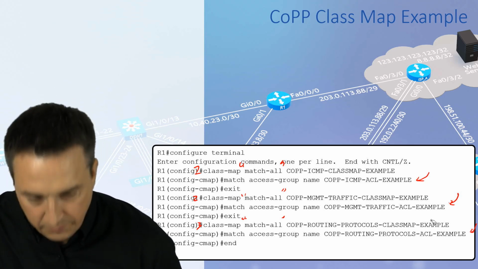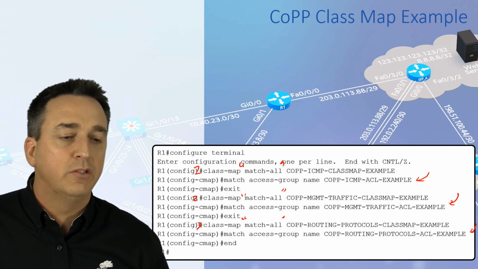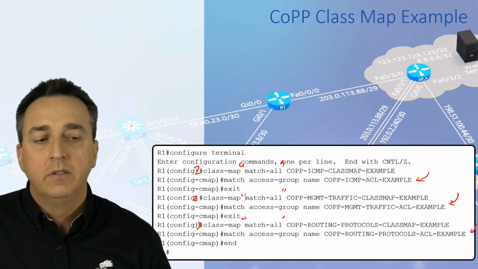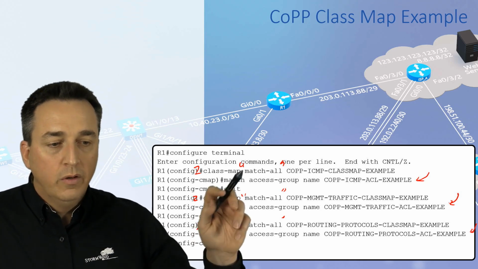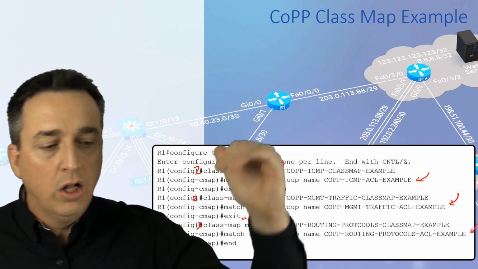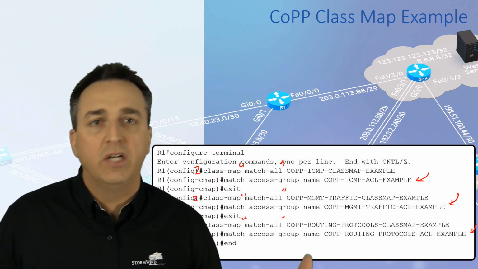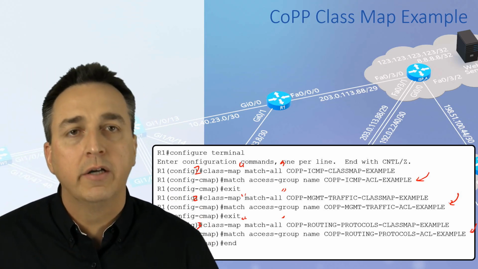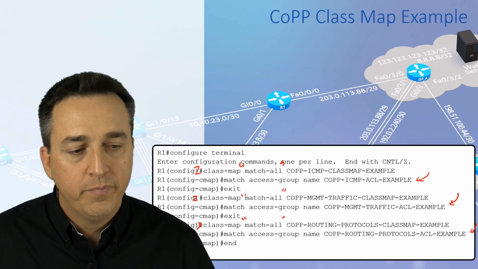Because there is only one item in that class map, and that is the access control list. So match all items in this class map, which is that single access control list. That is going to work exactly as we want it to.